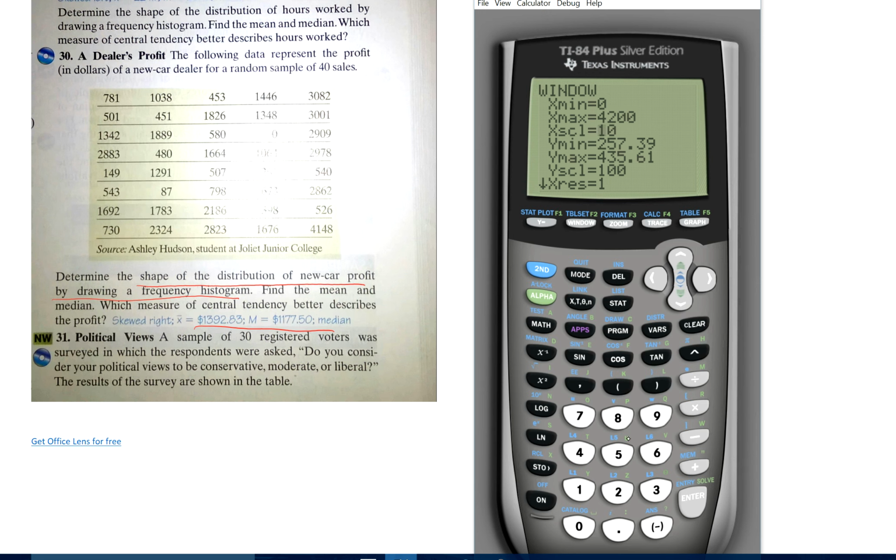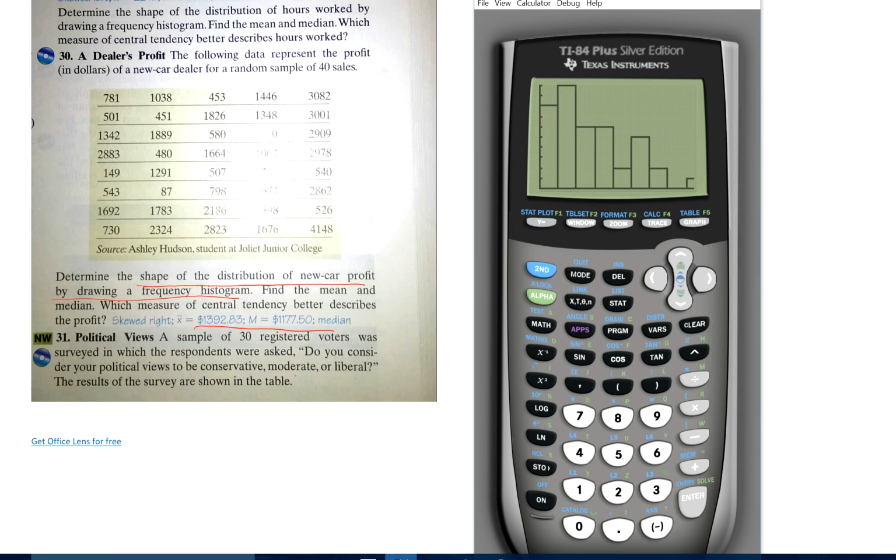So let's make class widths of 500 and see what that looks like. Does that make sense? My minimum for Y, I'm going to go from 0. I've got 40 pieces of data, so this is the height of each class. I don't think there are going to be much more than 10 in any given class, but I can change it. And my Y scale, I'm going to go by ones. And we'll see.